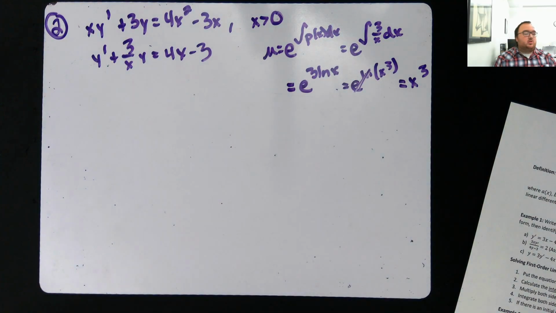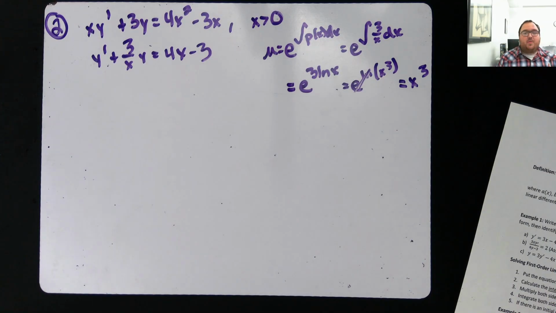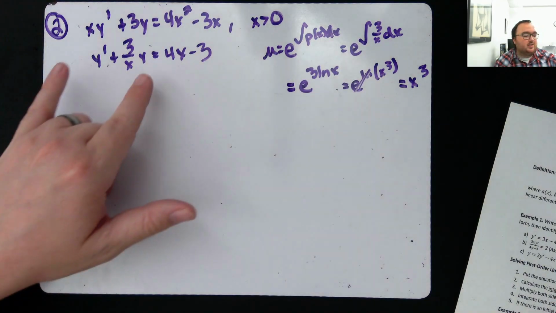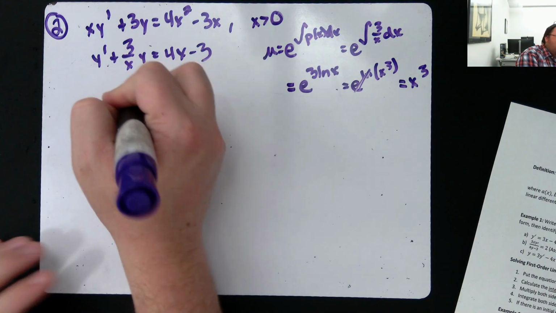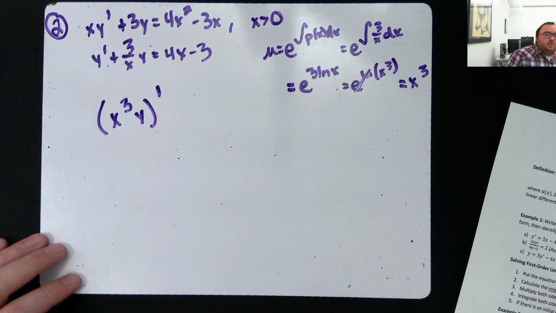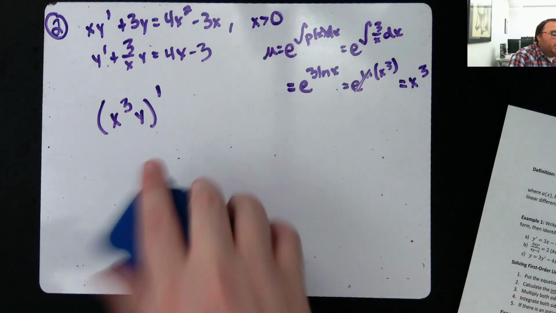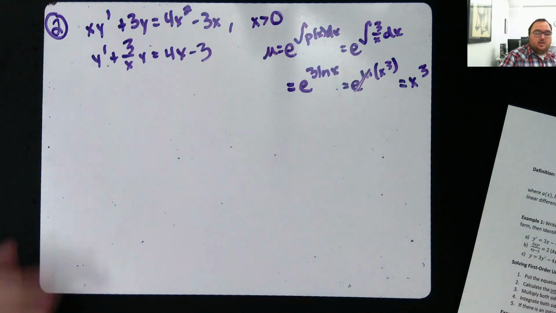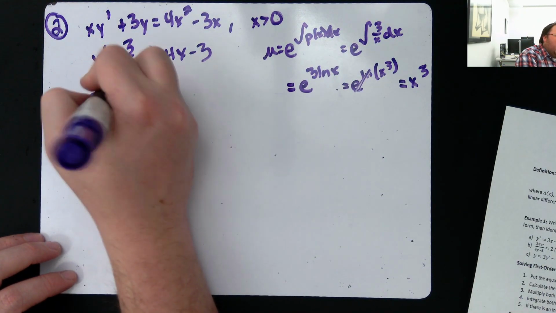And I want to multiply everything by x cubed. Okay? And remember, like I said, what that does is it turns the left side into mu, which we just said was x cubed, times y prime. So now I can write it just like that. If you don't believe me, on the first one here, I'll work it out to show you. If I times everything by x cubed, that'd be x cubed y prime.